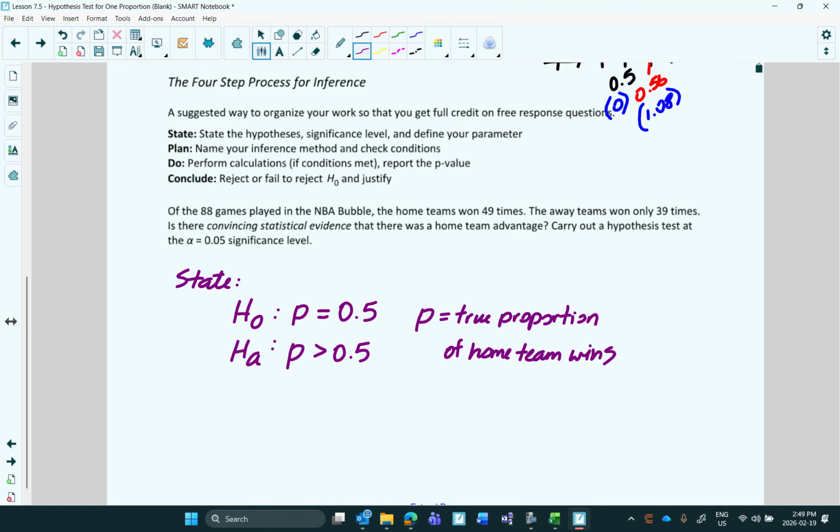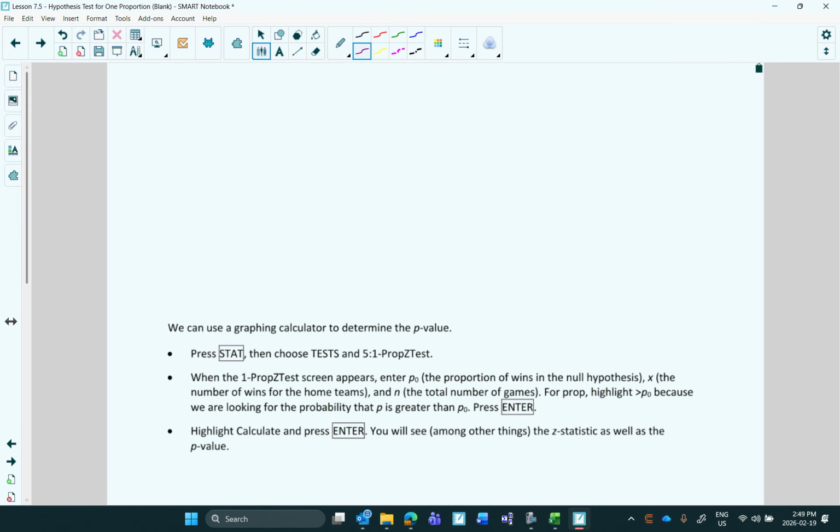The plan. This is where you state, what am I going to do? And what are the conditions that allow me to do it? So the plan part. What are we going to do? We will conduct, we don't create.